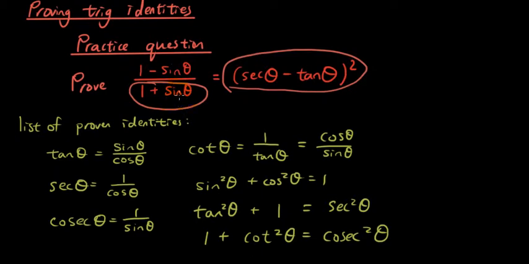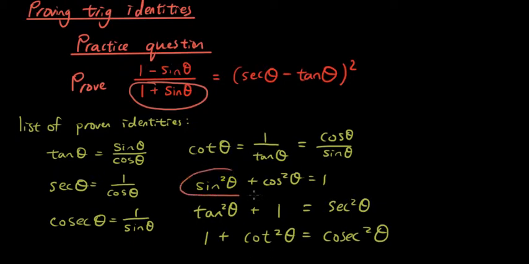So I want to somehow think of a way to turn the bottom of this fraction from two terms to just one term. And you can see here the way we can do that is we can use this expression here.